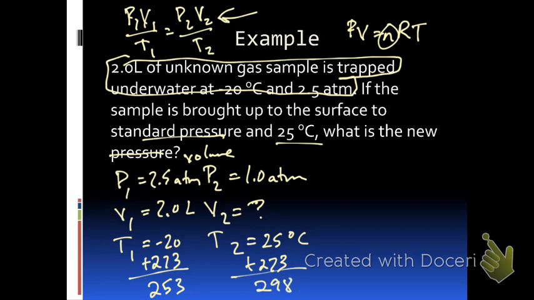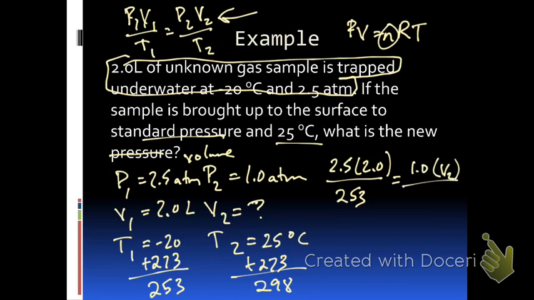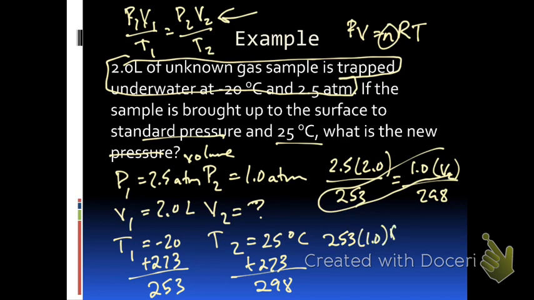Okay, so let's plug it in. You got 2.5 times 2.0 divided by 253 equals the standard pressure, 1.0, times V2 over 298. I'm going to solve this by cross multiplying. On one side, 253 times 1.0 times V2.